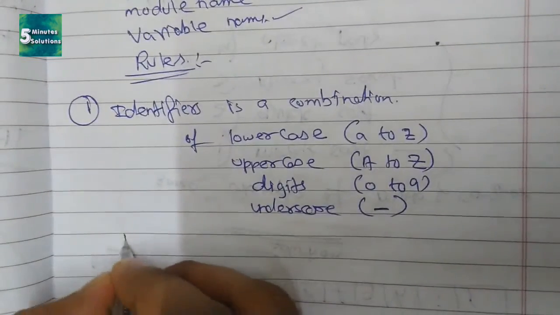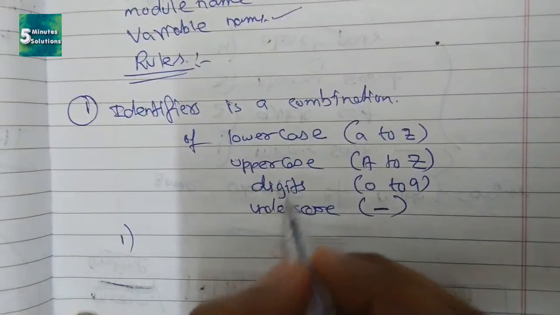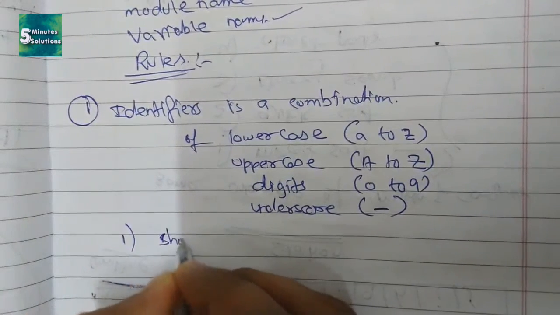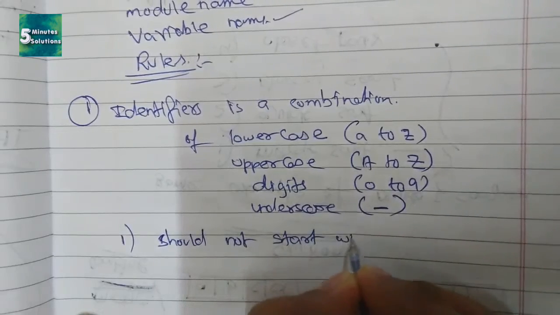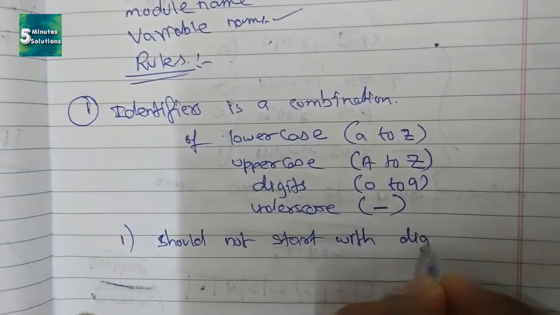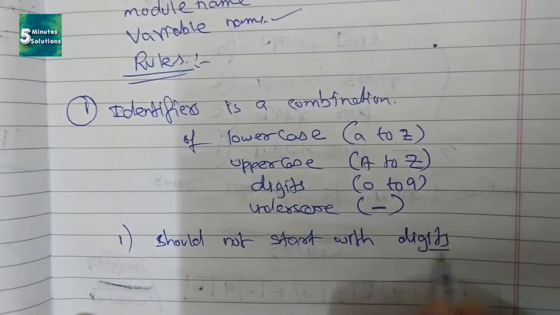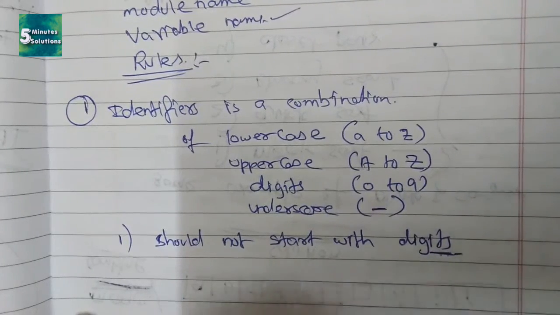Now the rules are, we should not start with digits. In Python we cannot start with digits, it will give an error.